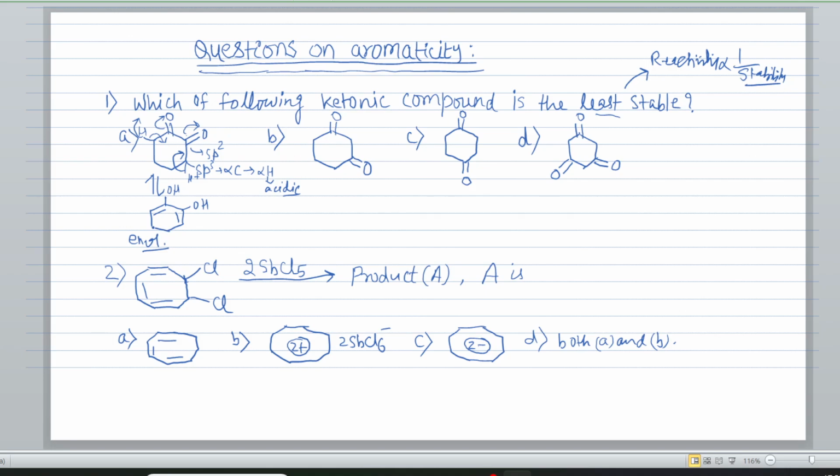These two carbon atoms are sp3 hybridized, and delocalization does not reach this carbon. Therefore this ring is not completely aromatic. Since it is not aromatic, this enolic form has lesser stability. If this is less stable, it means this reactant molecule is more reactive.